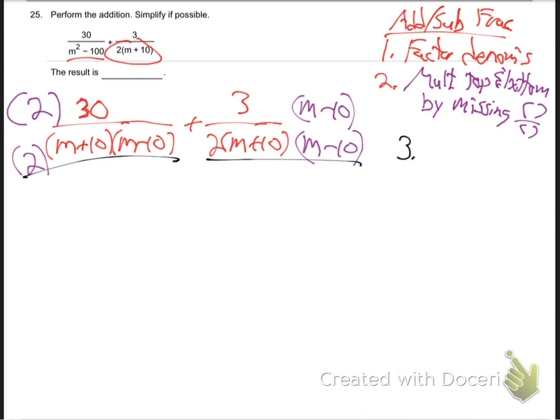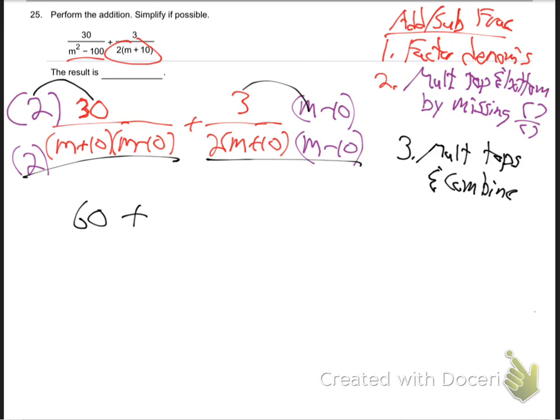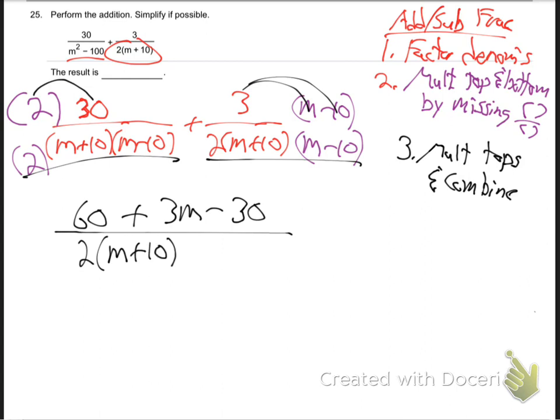So step 3, multiply tops, only the tops. See, we're not going to mess with the bottoms. We're happy with the denominators. They're common denominators, not going to mess with them at all. We're going to multiply the tops and combine. We have to combine the 2 tops, so we're going to multiply them. 2 times 30 is 60, plus this 3 will distribute, 3m minus 30, 3 times 10, 30, over the common denominator, 2, m plus 10, m minus 10.